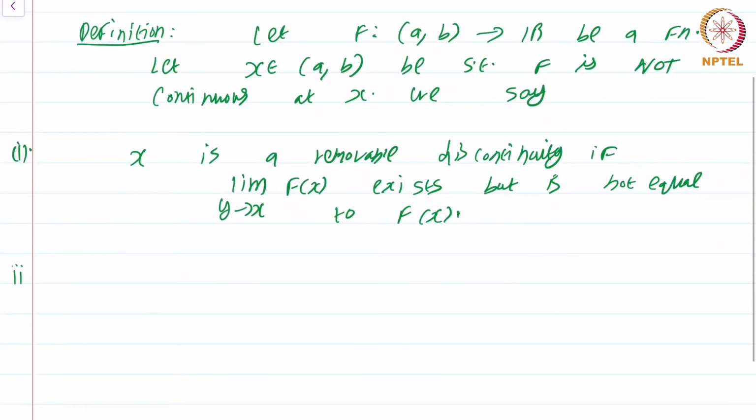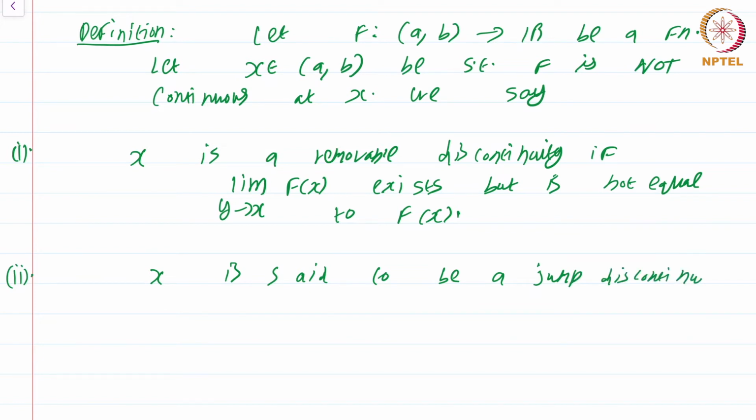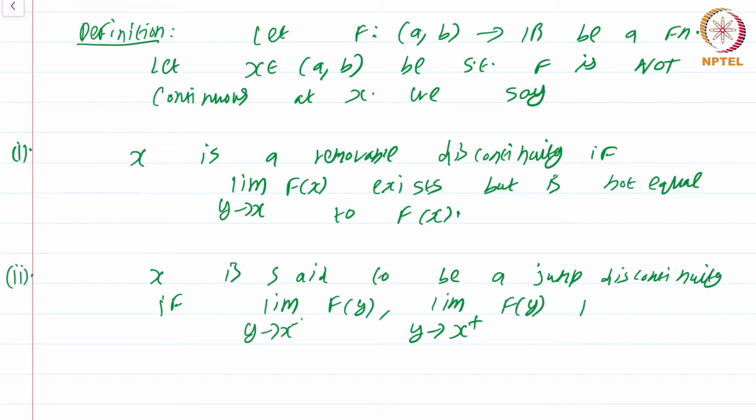Number two, x is said to be a jump discontinuity if the limit as y going to x minus of f of y, comma, the limit as y going to x plus of f of y both exist but are not equal.